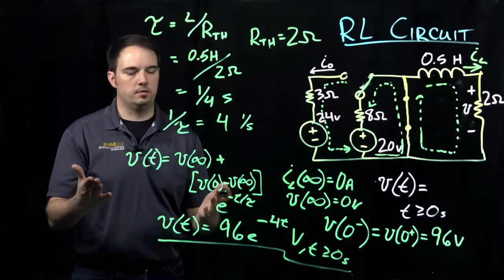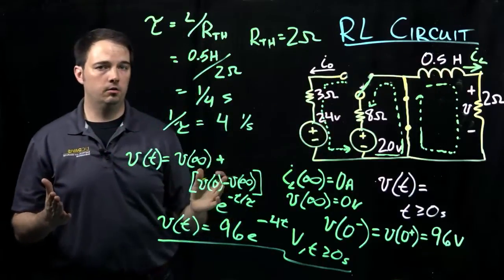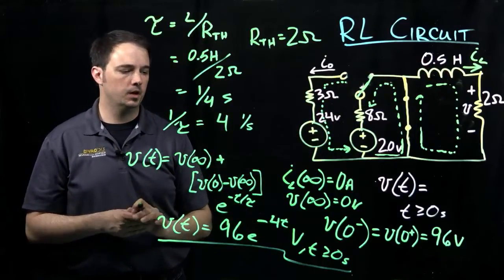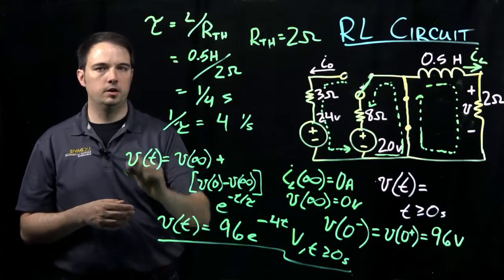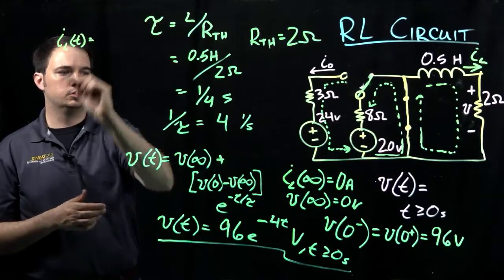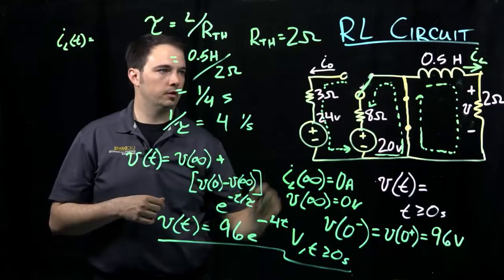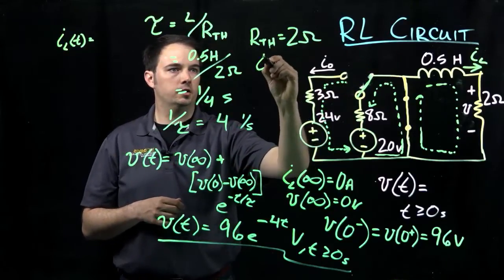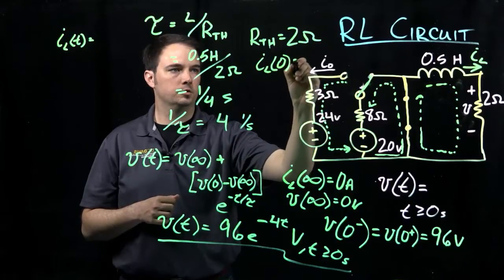Now we could also write a similar expression to describe how the current I sub L is changing as a function of time. The time constant tau would be the same. The only thing different about the equation for the current, I_L of t, is the initial condition, which I believe I erased here, for our current I_L at t equals 0.